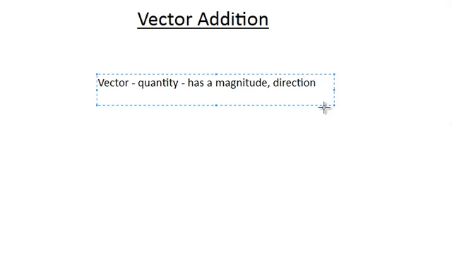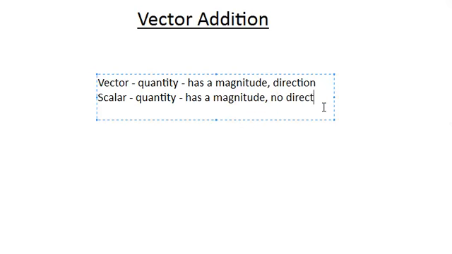That is the counterpart to a scalar, which is also a quantity and has a magnitude too. However, it does not have a direction. So that was what we talked about last week. Examples of a vector would be displacement, velocity. Examples of scalars would be mass, temperature, speed, and distance.